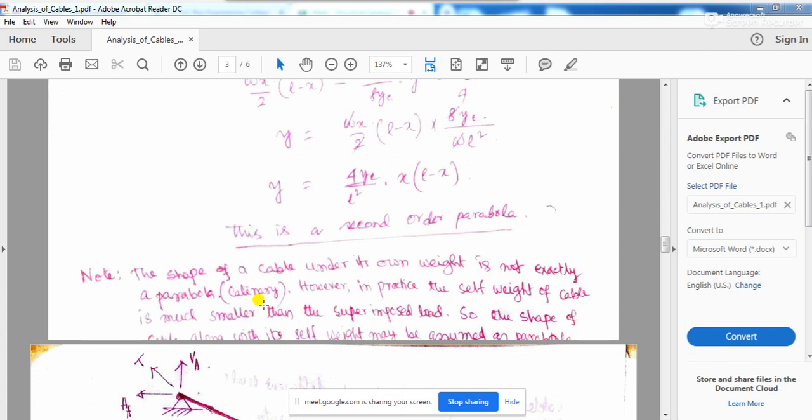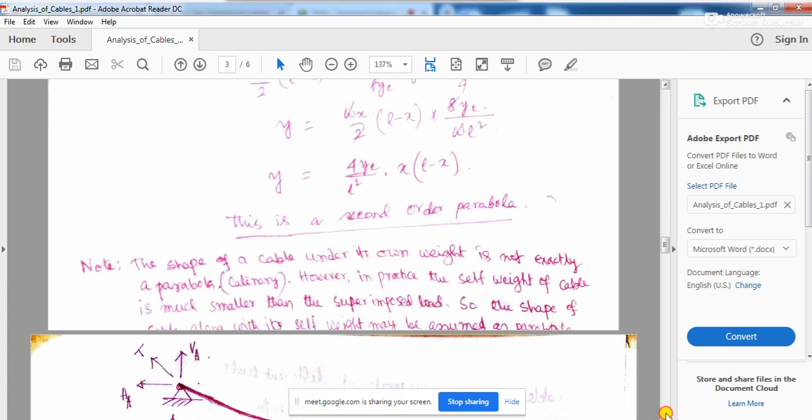You can neglect the self weight of the cable, or even if you consider it, the shape can be approximated as a parabola. Is it clear?